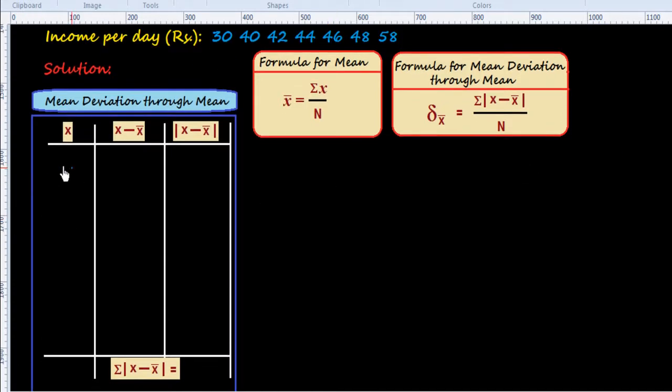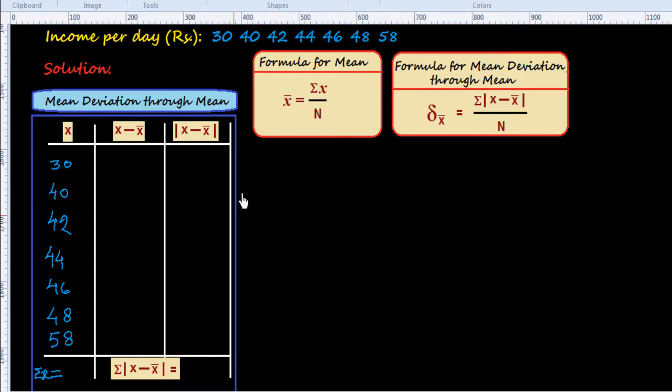It starts at 30, then 40, then 42, then 44, 46, 48 and 58. This is our data, and we get the summation of x here.